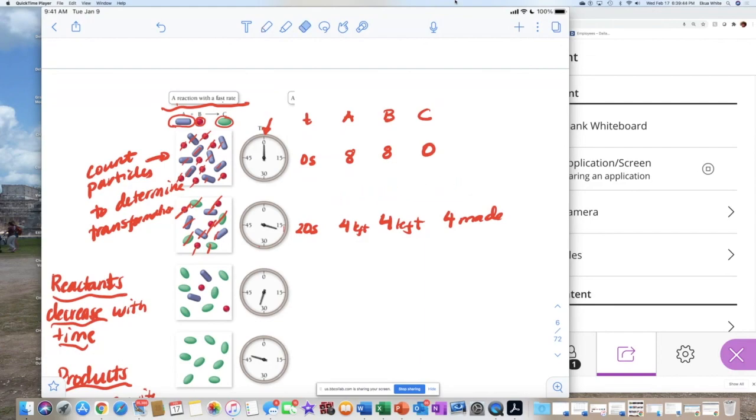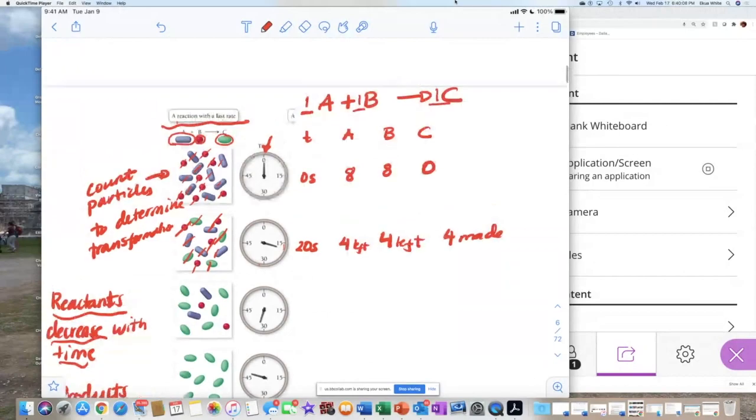Okay, let me remove these words from here because I feel like they're kind of crowding the space. Okay, so we're going to talk about stoichiometry because it's simple. We have a one-to-one stoichiometry. What that means is, since the coefficient in our balanced equation is 1 to 1 to 1, okay?